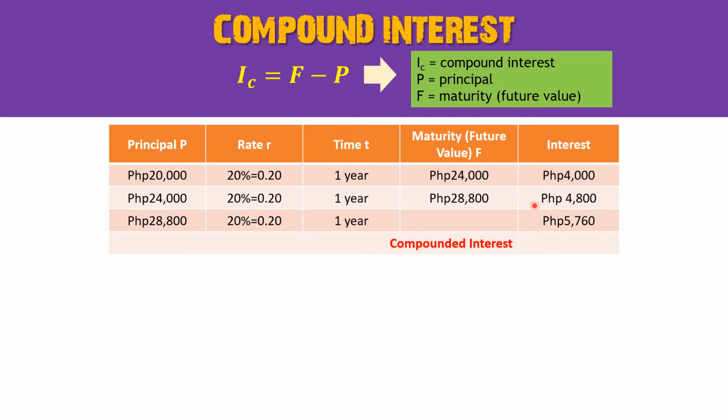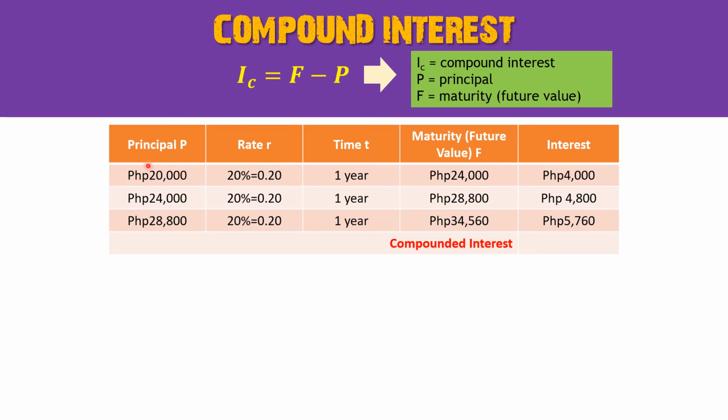Ito na naman yung panibagong interest sa pangatlong taon. And then, add natin tong interest na to sa principal amount. So, 28,800 plus 5,760 pesos. The maturity value is 34,560 pesos.